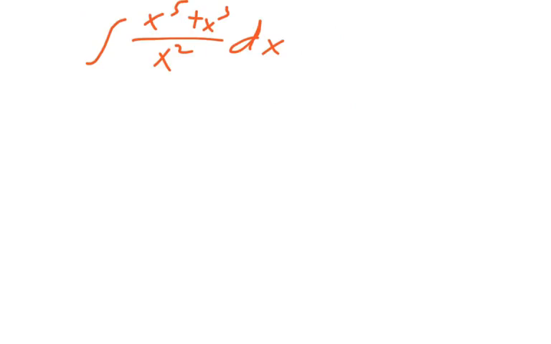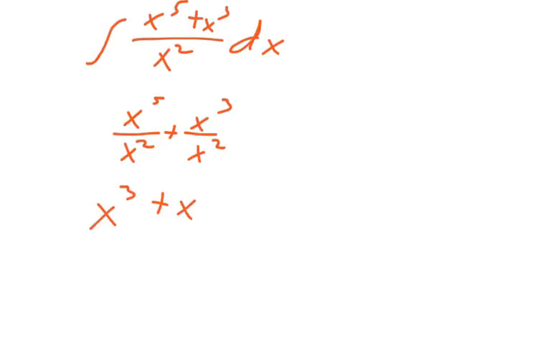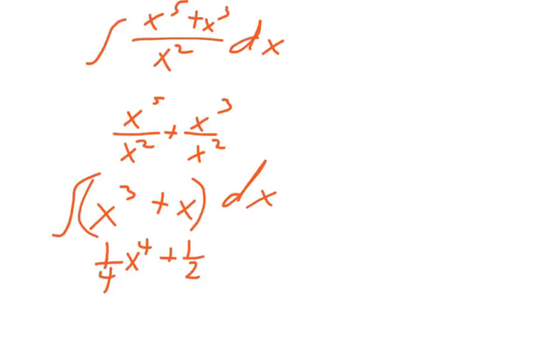For problem number 29, we got x to the 5th over x squared plus x cubed over x squared, which means I have x to the third power plus x dx. So the antiderivative of x to the third is 1/4 x to the 4th. The antiderivative of x is 1/2 x squared plus c.